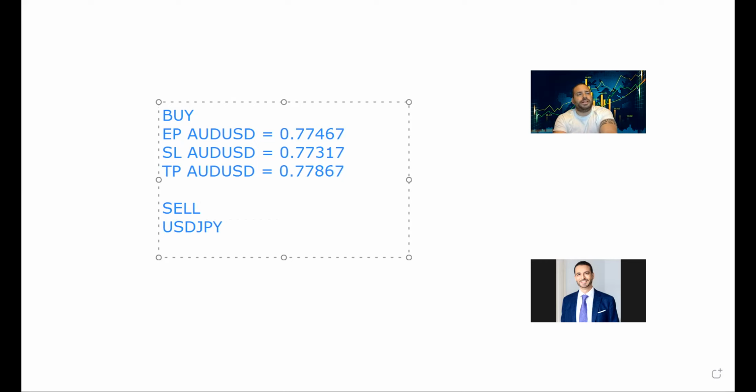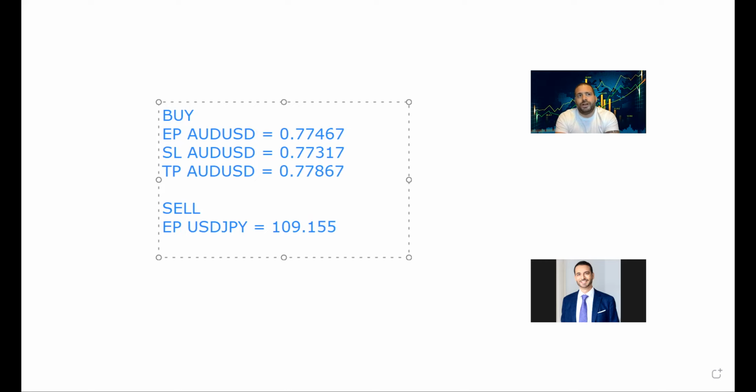Now this time let's give an example for selling. So current market price on USD JPY is 109.155. So notice now we only have 3 digits behind the decimal point, not 5. But the same rule applies.